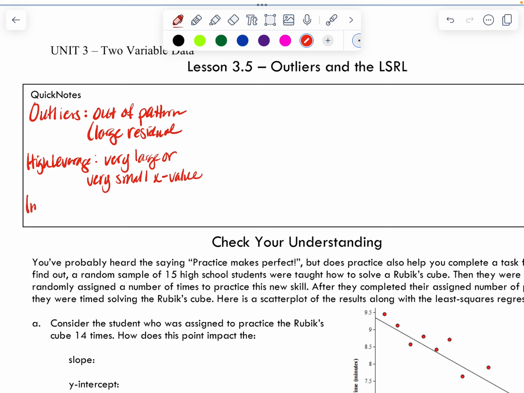And then influential points, if removed, cause big changes to slope, y-intercept, and r.